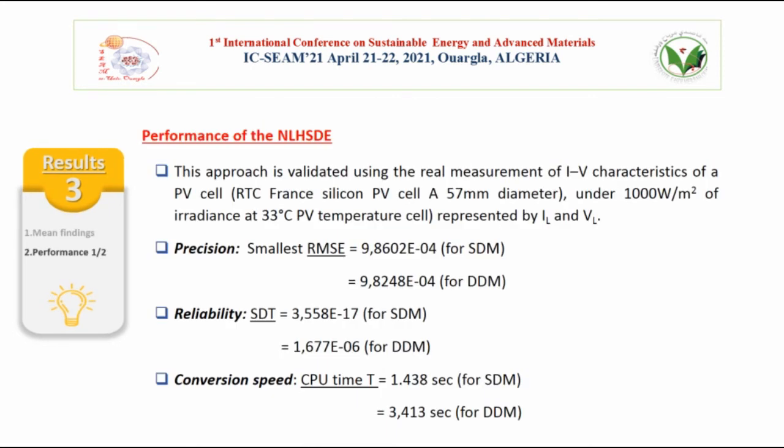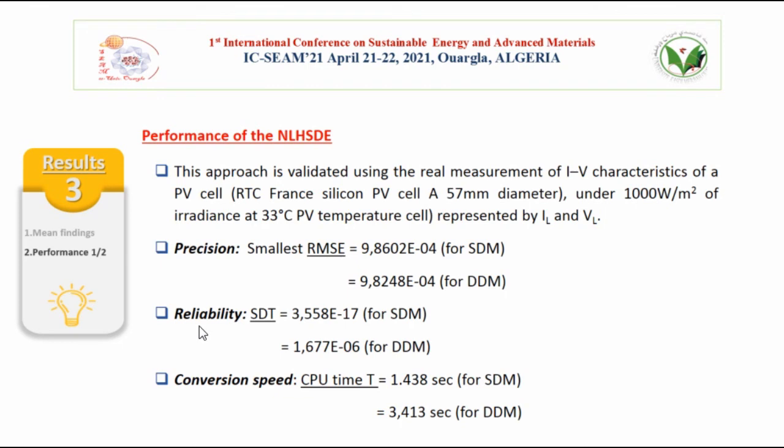The performance of the proposed algorithm is evaluated and validated using real measurements of the IV characteristics of an RTC France silicon PV cell under an irradiation of 1000 watts per square meter and a temperature of 33 degrees. The results are the best for both the single diode and double diode models.